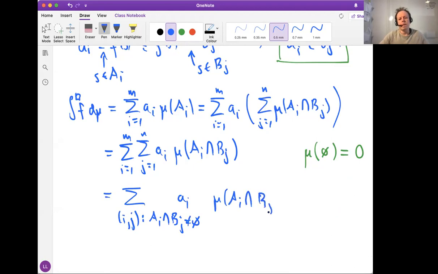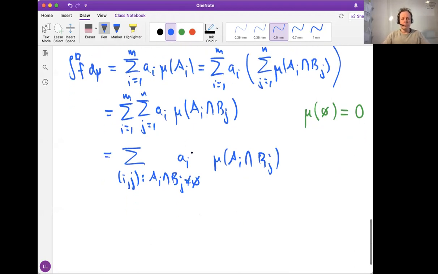And when it's not empty, we can use that AI is less than Bj. That's what we are going to do. So let me just clean a bit here. We know that it's less than Bj, so we can write Bj there in its place. And we write here an inequality, because these are non-negative values.